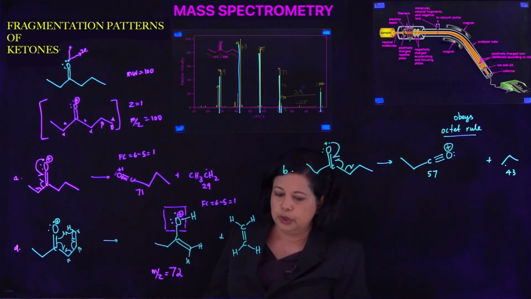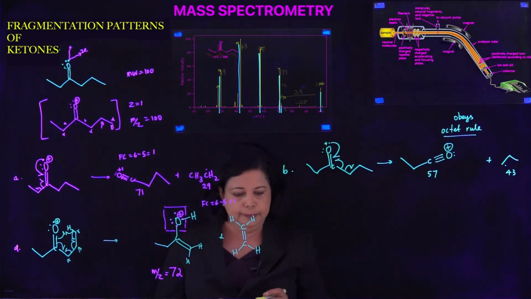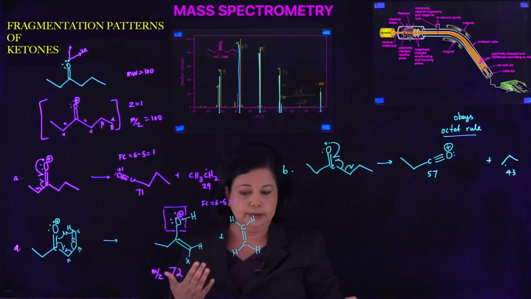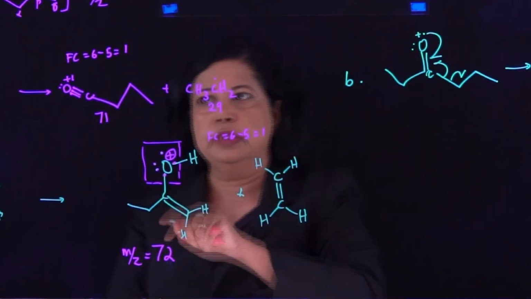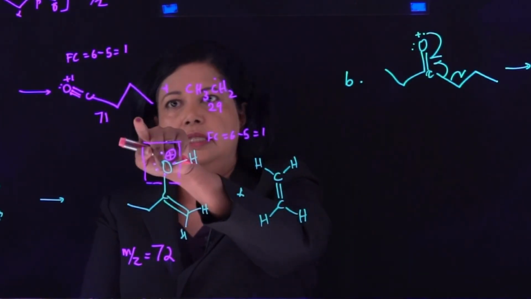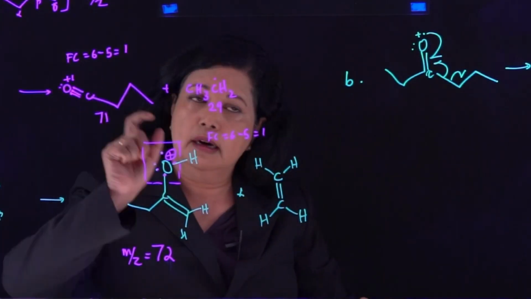All right, which only leaves this 43 here, and let's see what that could be. This is something that happens in ketones, and I'm just going to write it out here. So once you have your 71 here, this can break up further. You can see that in this 71 is hidden a carbon monoxide.